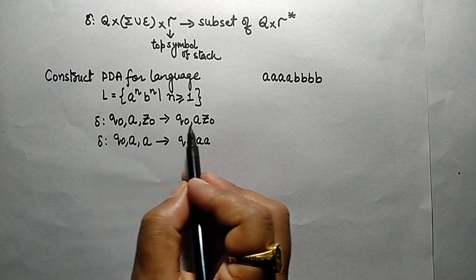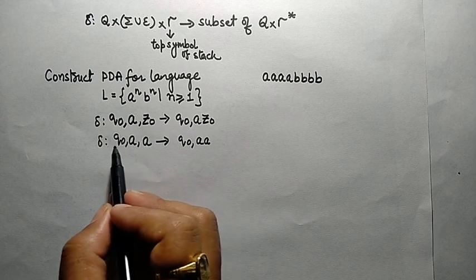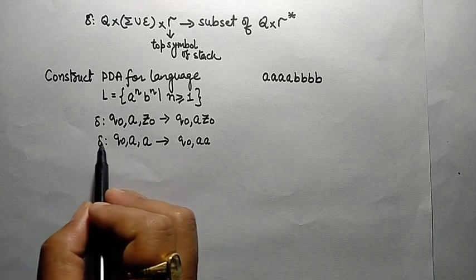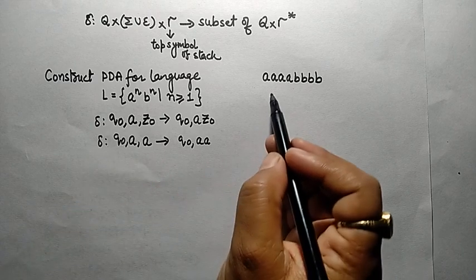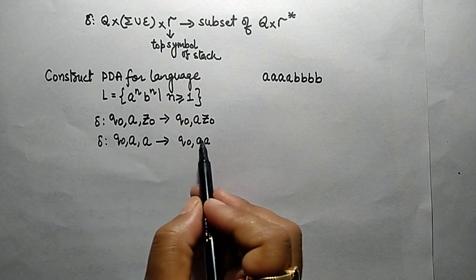First we define a rule for when the top of the stack contains Z0, and after that we need not write any other rule. We will not write this rule 2 times, 3 times, 4 times. For all the rest of the A's except the first one, this will be applied.